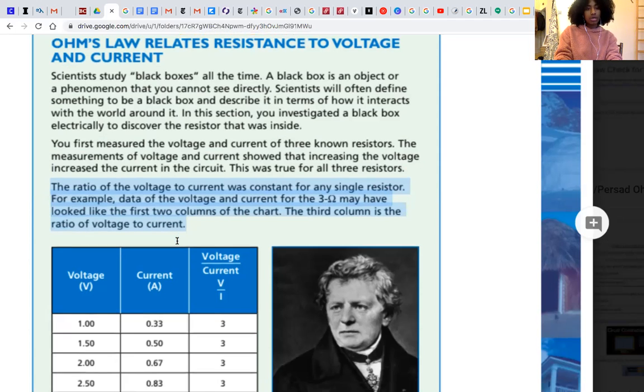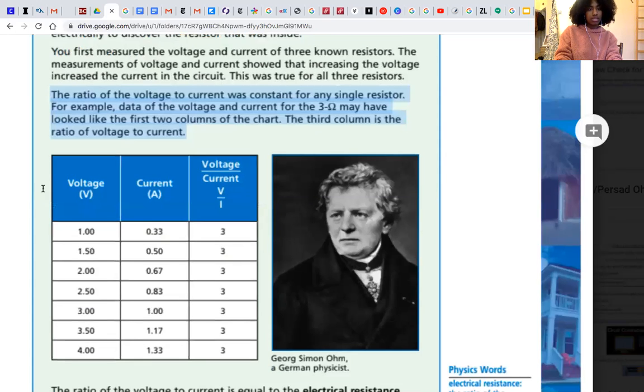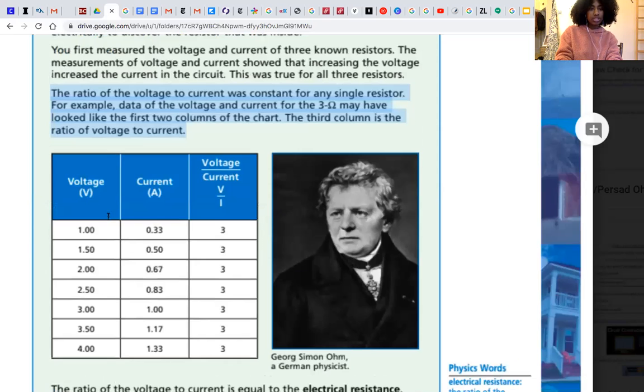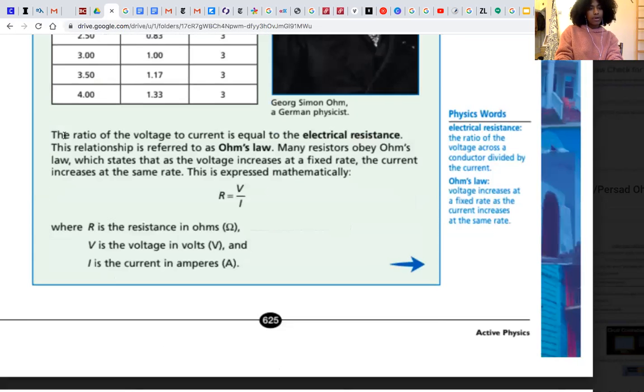So it is talking about this data table here. Okay. So it said that the voltage to current was constant. And here in the third is the ratio of voltage to current. Paragraph 4.